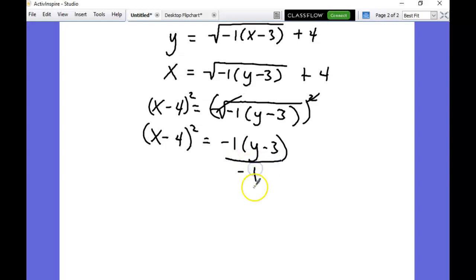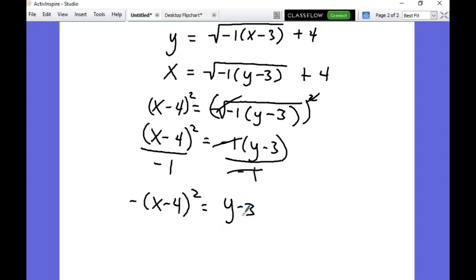Sure, we can do that. Some people might have distributed. That's fine too, but you're still going to have to divide by a -1 at some point to get rid of the negative. So in this case, if we do it here, these cancel, right? Now over here, you could leave it like this, but if you divide anything by -1, it just changes the sign, doesn't it? So this thing on top just becomes this then. That's kind of like the part that you're probably like, oh man, really? You probably didn't know that would be helpful, but that's what you'd want to do there.